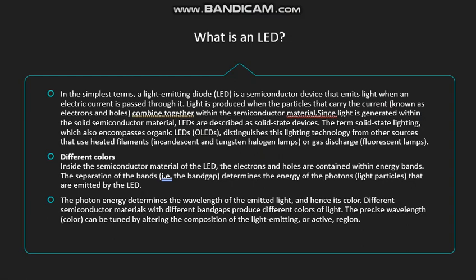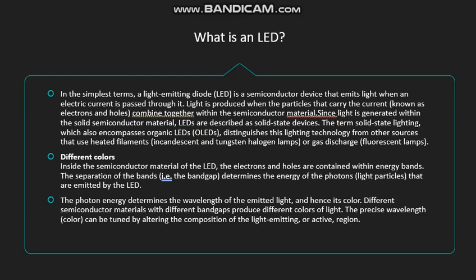gas discharge. Different colors: inside the semiconductor material of the LED, the electrons and holes are contained within energy bands. The separation of the bands determines the energy of the photons that are emitted by the LED.